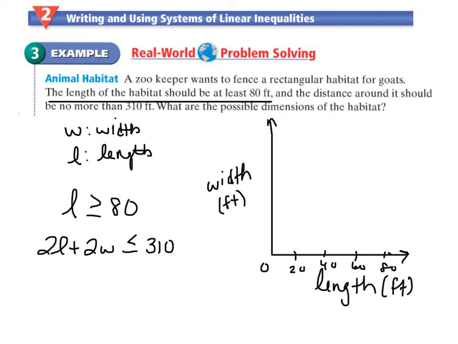Since I'm going to use intercepts for my other axis, my width intercept is going to be 310 divided by 2. That's going to be 155. So I'll count by 20s. You know what? No, I'm not. I'm going to count by 30s.